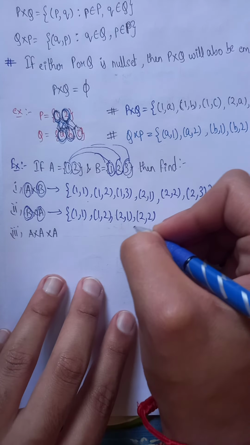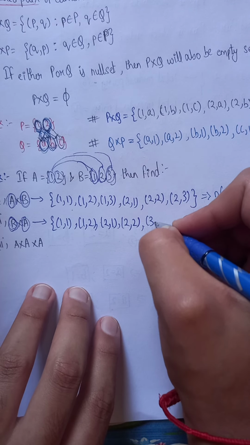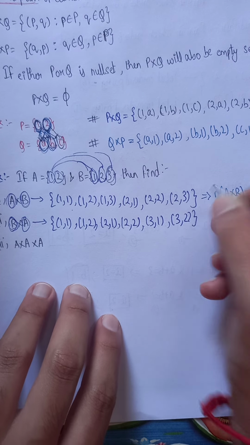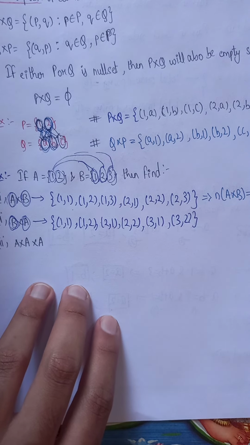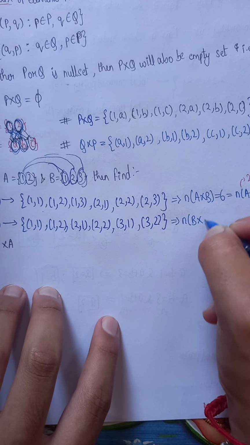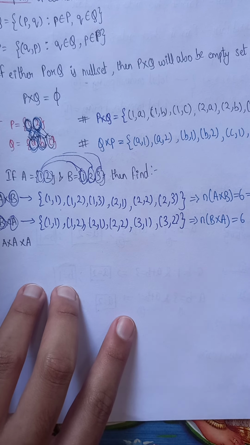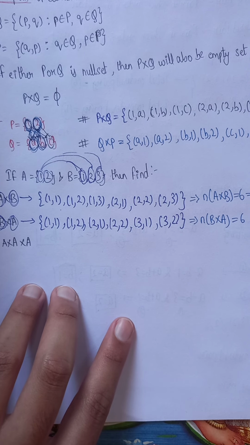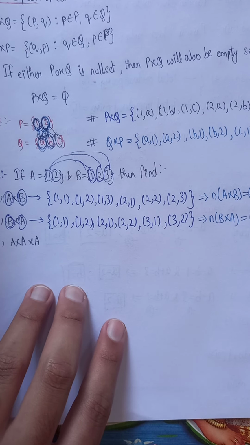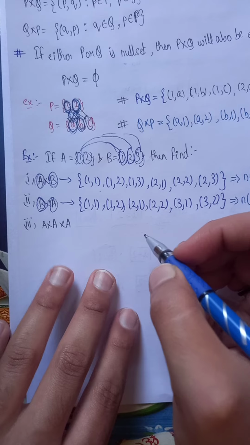Okay, so this is how we write. So the number of elements in B cross A is also 6: 1, 2, 3, 4, 5, 6. The number of elements in set A cross B and B cross A is also 6 elements.